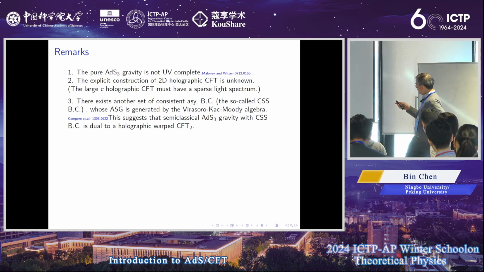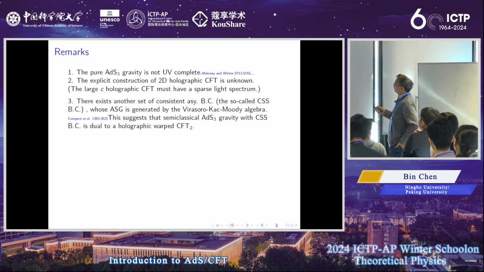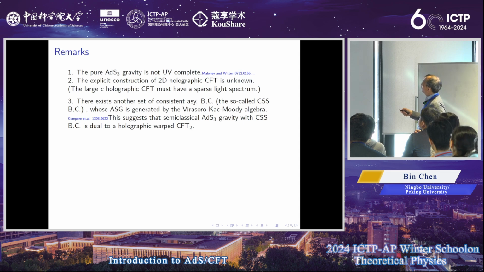Another remarkable fact is that besides the Brown-Henneaux boundary condition, in three-dimensional gravity there exists another set of consistent asymptotic boundary conditions. This was found by Compère, Song, and Andy Strominger.